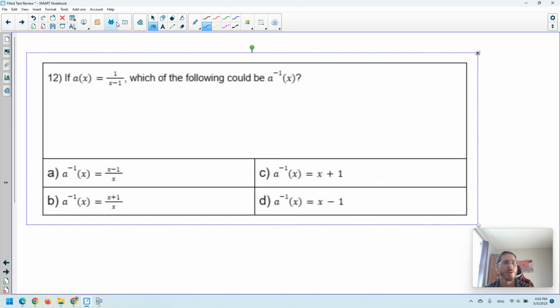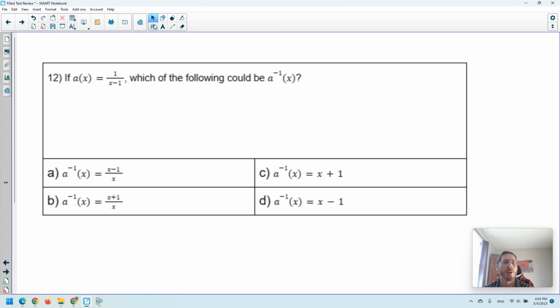All right. For number 12, it says A of x is 1 over x minus 1, which of the following could be A inverse of x. Now, again, if we just do this one right away, what we're going to do is just replace the y and the x. So we would rewrite this as x equals 1 over y minus 1.